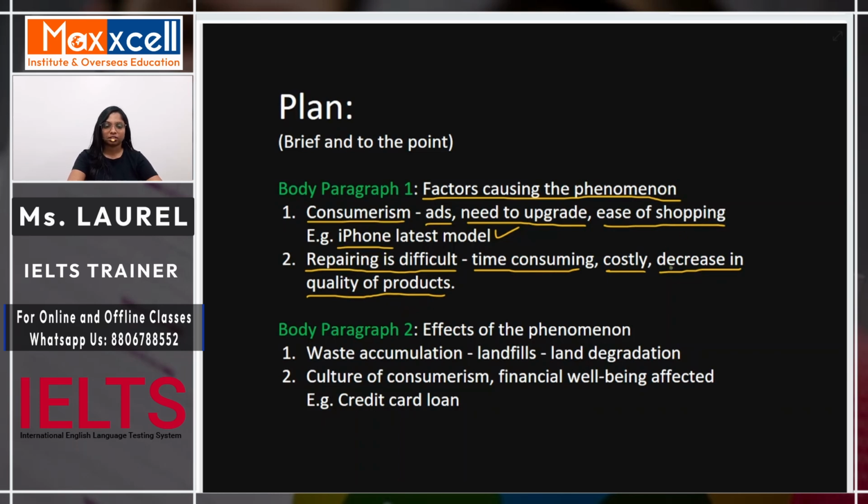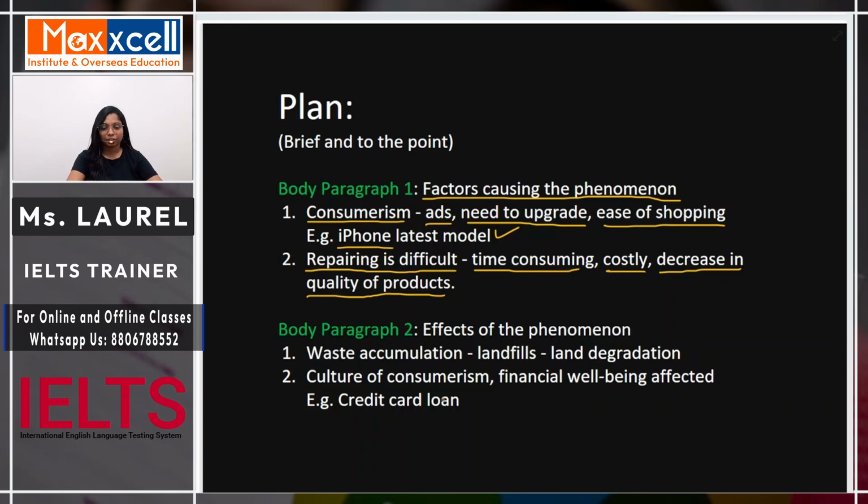As we know, there has been a steady decrease in the quality of products. If we talk to our parents or our grandparents, they will tell you that you bought one thing, it lasted years and years. Nowadays that does not happen at all. You buy something new, within a year it starts degrading, and you can actually tell the difference between a brand new product and something that you've had before. So these are all the points in paragraph 1.